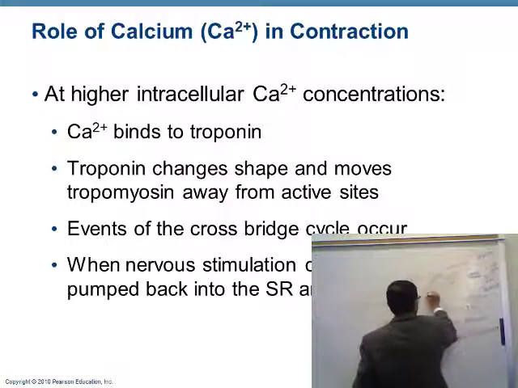Cross bridging. Okay, so that's the attachment of myosin and actin. Okay, after that attachment, what happens?